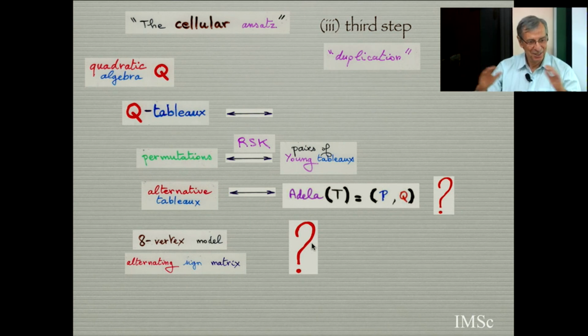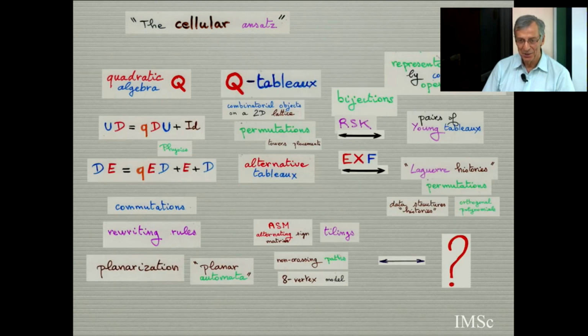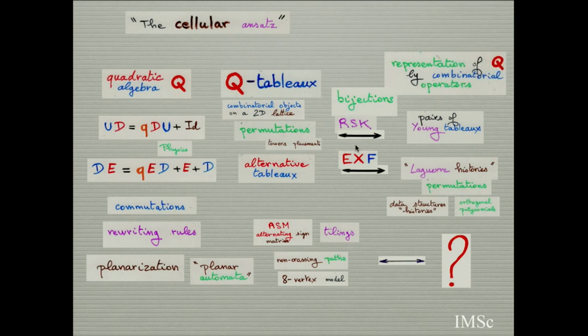So this is the end of the overview of the class. Everything you see, we will do all this slowly. Don't worry. Today I go maybe very fast, but this is just to give you an idea of this philosophy of taking a quadratic algebra and translating it into a combinatorial object, which is a tableau.